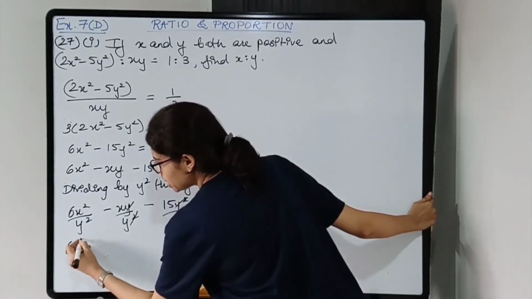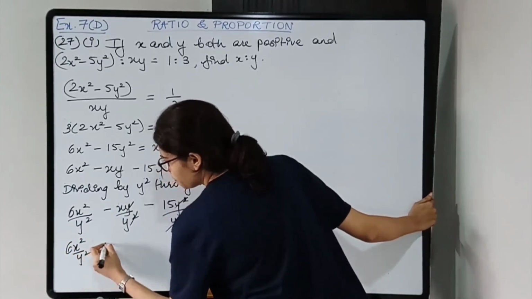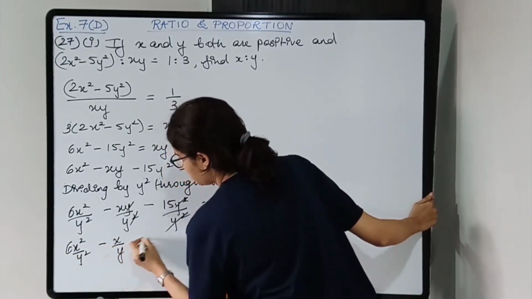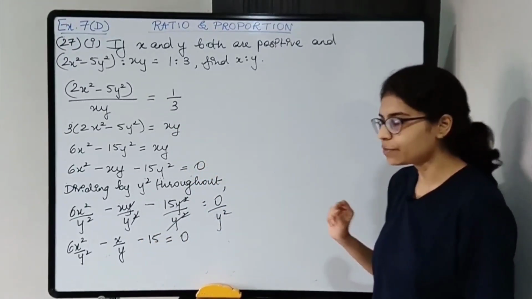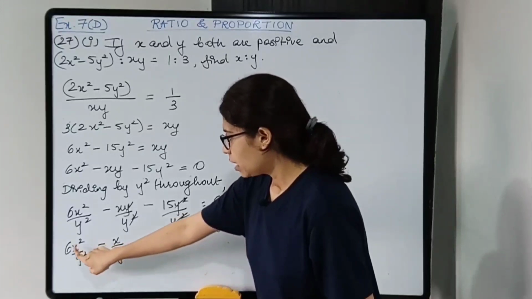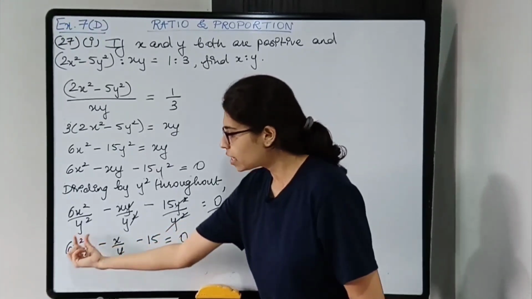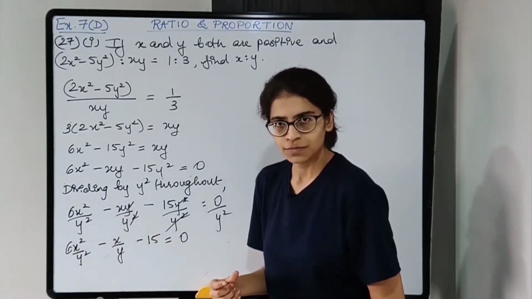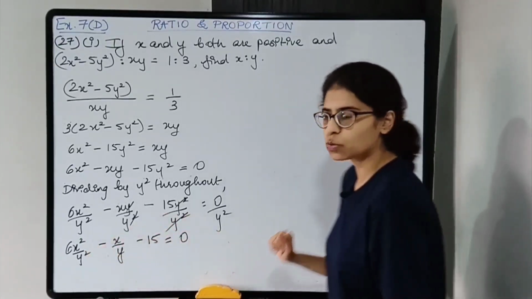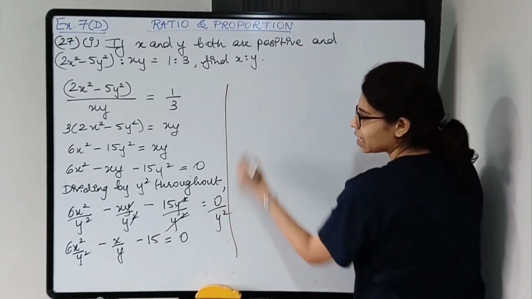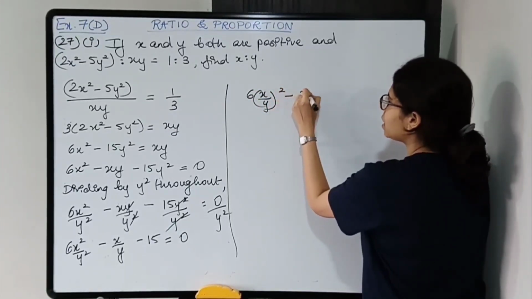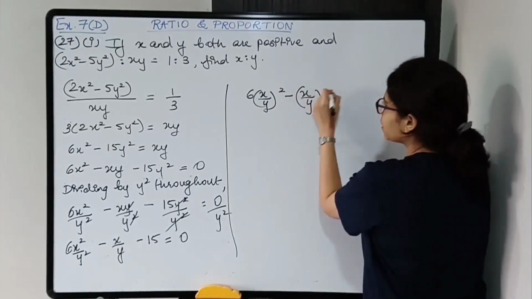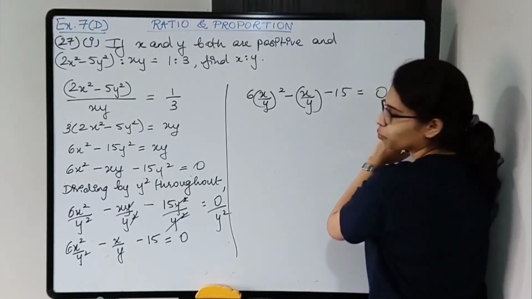So we are left with 6x square upon y square minus x upon y minus 15 equal to 0 upon y square is 0. Now x upon y the whole ka square I can write, because this is also squared, this is also squared. So I can write this as 6 times x upon y the whole ka square minus x upon y minus 15 equal to 0.